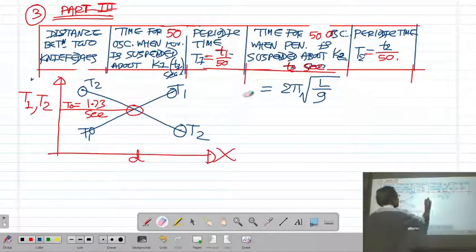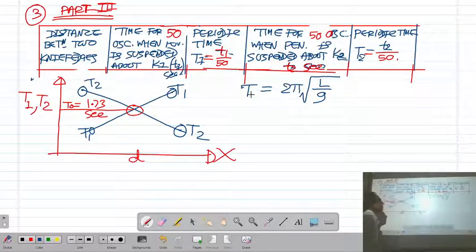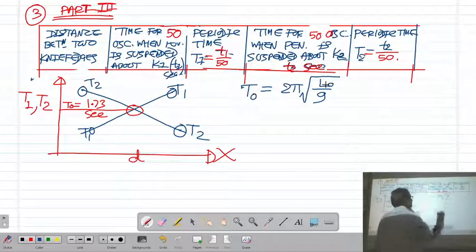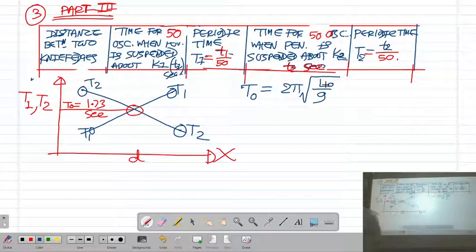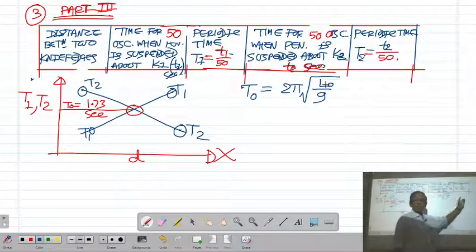So the equation of periodic time for a simple pendulum is T0 is equal to 2 pi under root L0 by g.